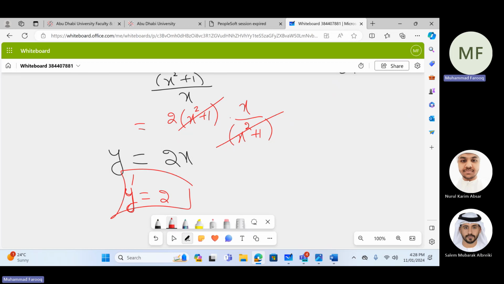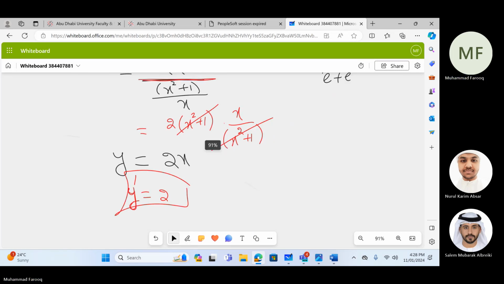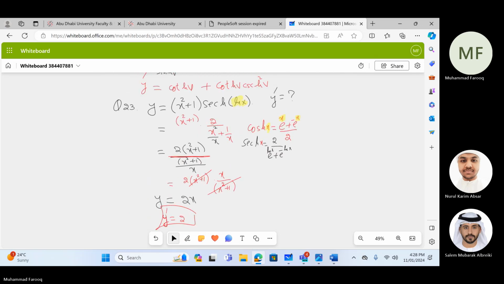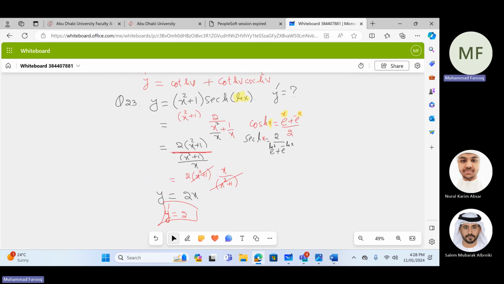It's just 2x, and the 2 is negative 2. Can you go on? The x squared over x, where did the square come from? Actually, I make the common denominator here. Basically, it was x plus 1 by x.